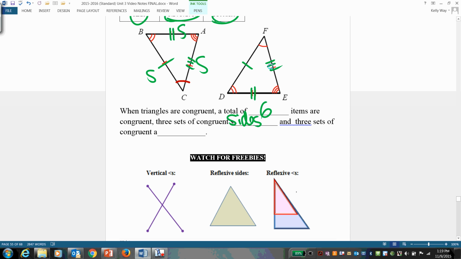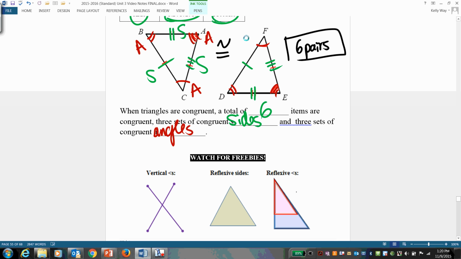So 1 set, A for angles, 2 sets of angles, 3 sets of angles. So there's a total of 6 pairs of things congruent when triangles are congruent.